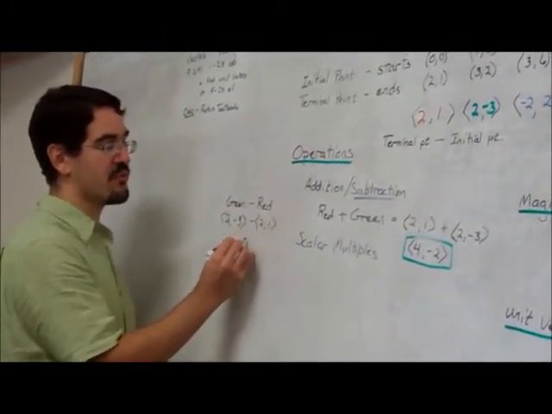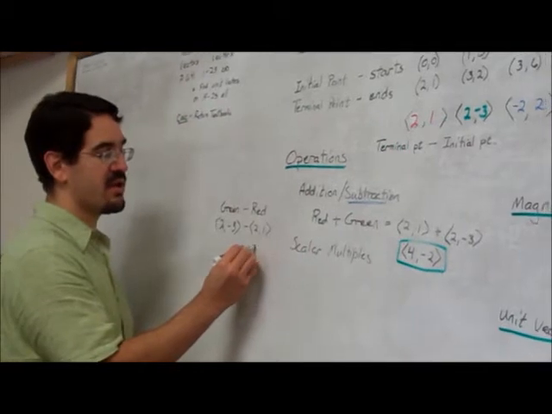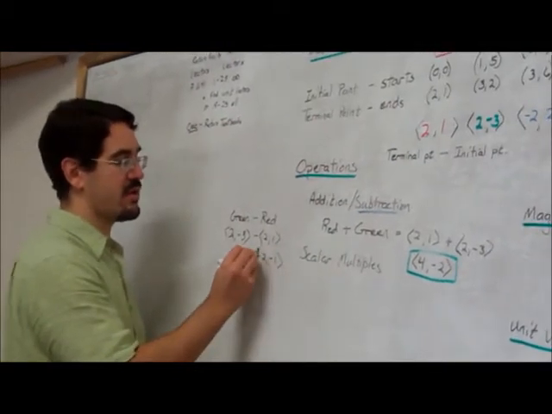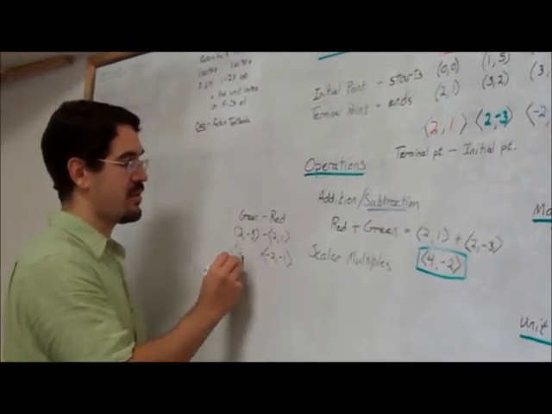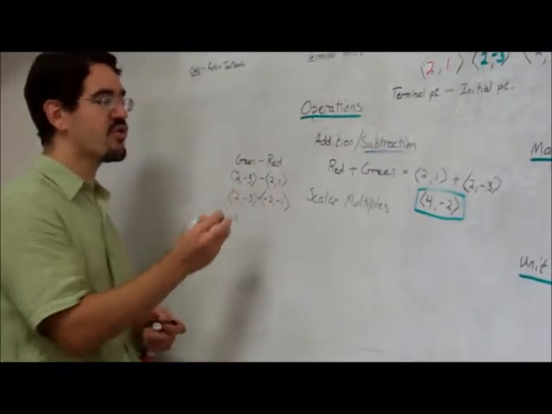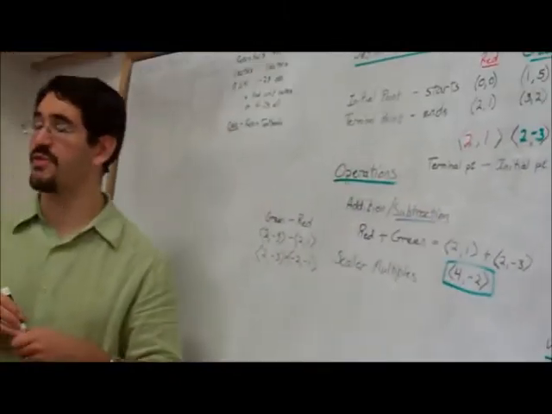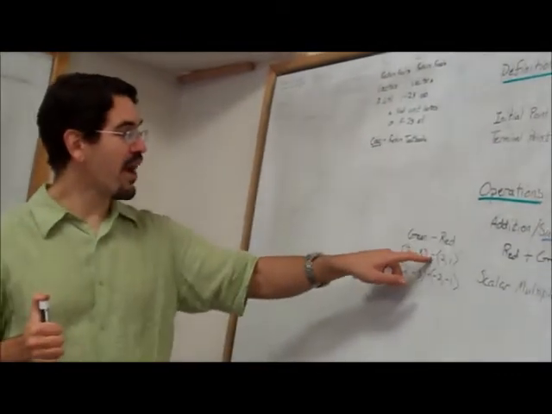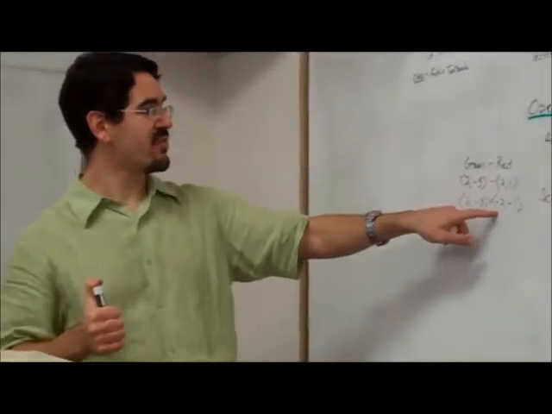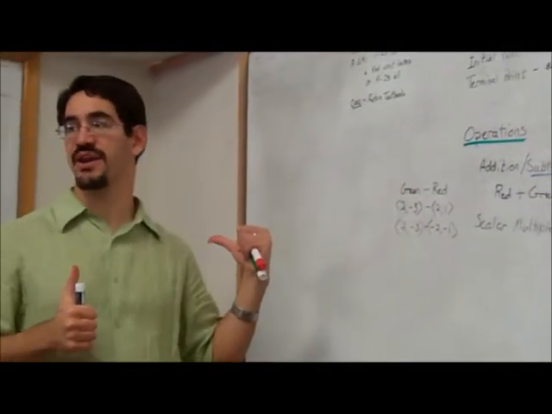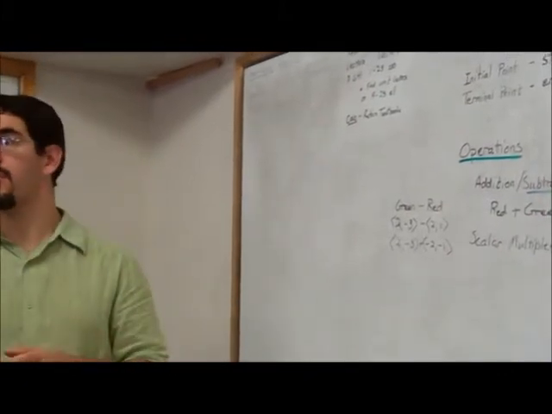Distribute this across, what's it really become? It's like adding negative 2, negative 1. You don't have to do that distributed step when you're doing the math, but you can see how it works. By subtracting, I basically made this the opposite direction of the original.